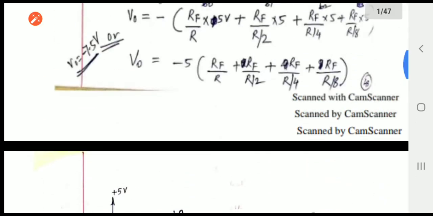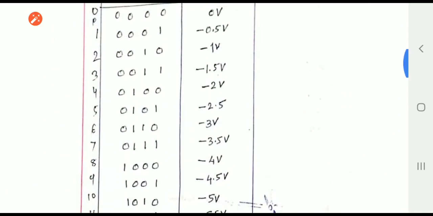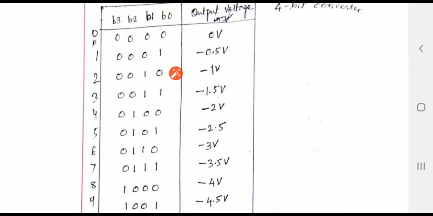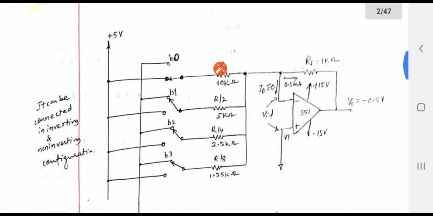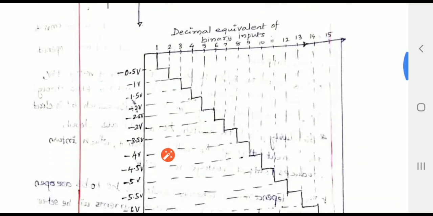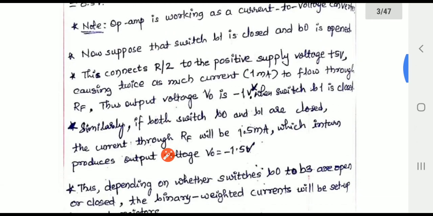If I choose 0, 0, 1, 0 as the input, then I will get minus 1 volt. The only change is that the value of the resistor changes from R to R by 2. Similarly for B2, B3. In general we can use one expression, which is shown here.